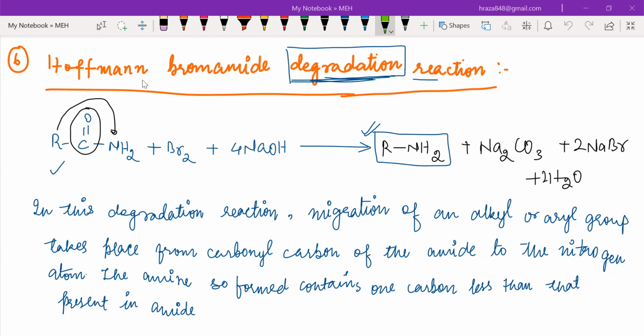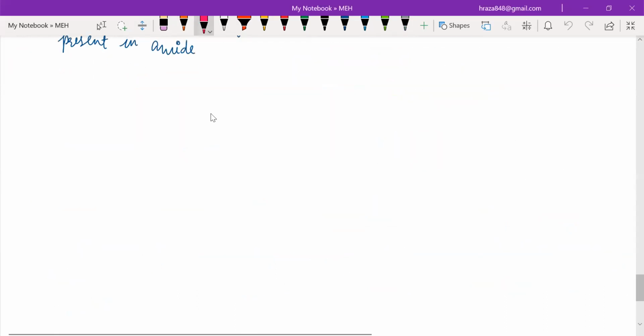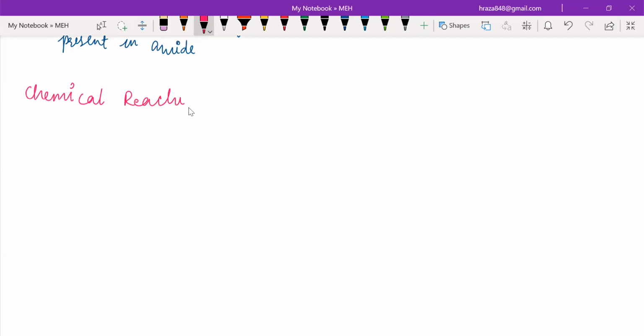Now we are going to do. Can I change the slide? Yes, sir. Okay. Now, here our preparation is completed. Now we are going to do the chemical reactions.